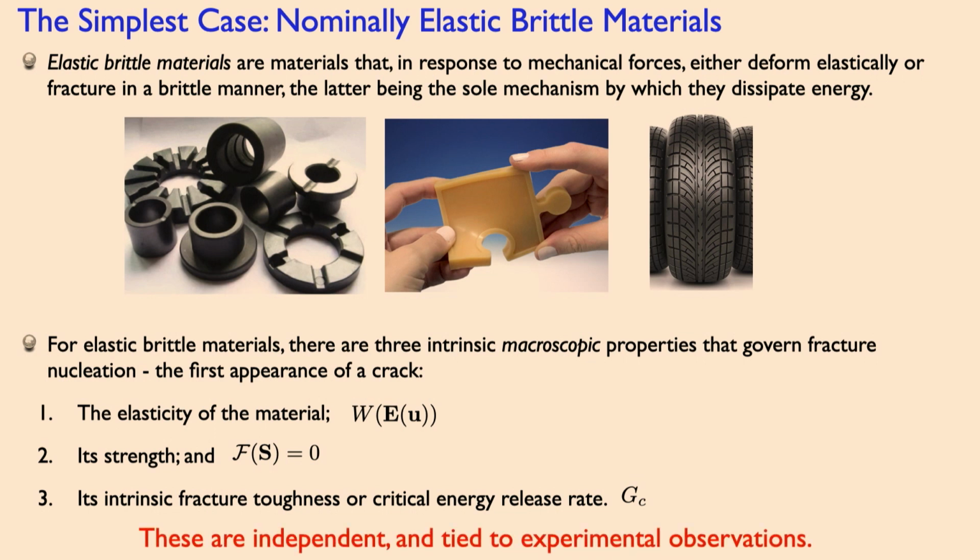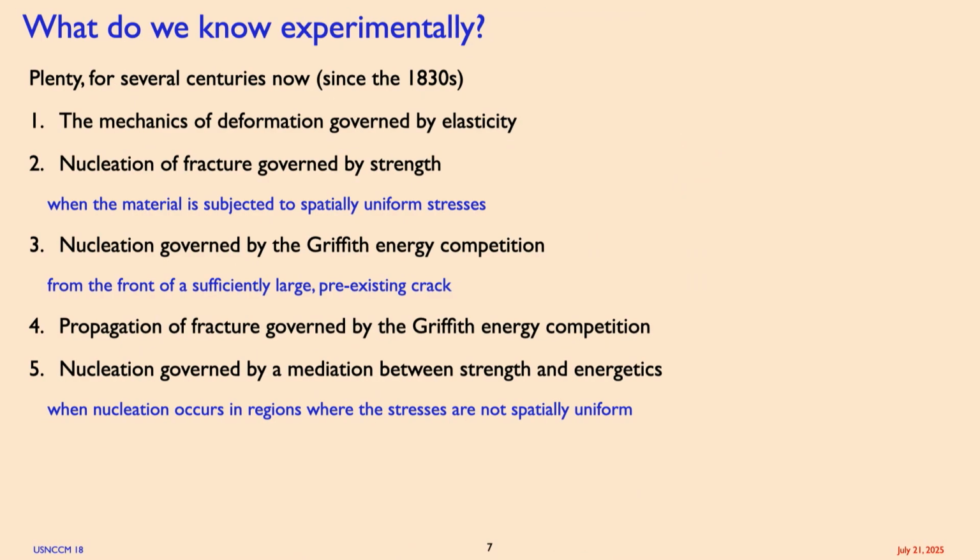And importantly, these are independent macroscopic material properties, and we can tie each of them to particular experimental observations. So what do we know experimentally? Again, we're in the business of writing equations. Those equations should explain observations. So what do we know experimentally? Turns out quite a lot.